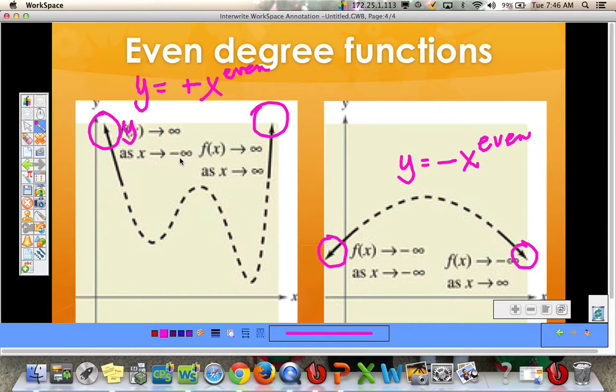And these symbols mean: as x approaches negative infinity, as you go to the left, y approaches positive infinity, you go up. As x approaches positive infinity, as you go to the right, you go up. So the end behavior is the same in even degree functions. If the leading coefficient is negative, it's upside down.